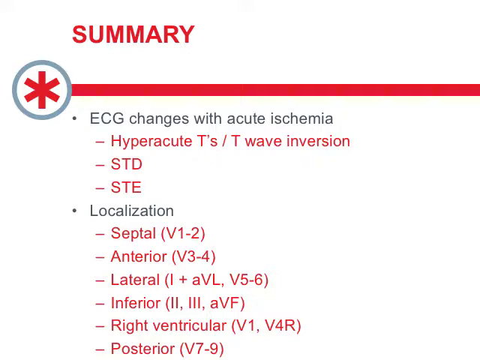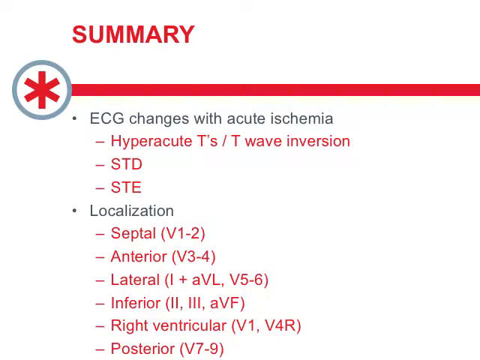And then really by looking at the leads where you see the ST elevation changes, we can make a pretty good guess as to the location of the ischemic event: the anterior septal being in the V1, V2 distribution, anterior apical being V3-4, anterior lateral being 1, aVL and V5 and 6, and your inferior leads being 2, 3, aVF.